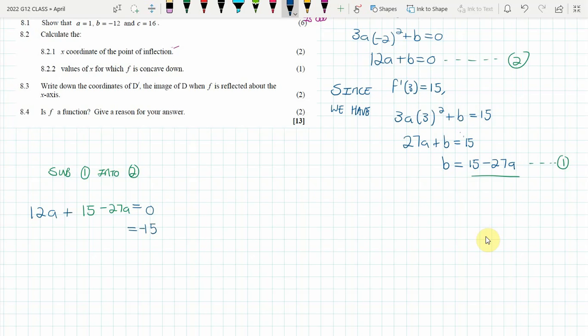Then it's minus. Then what are we left with? Then you simplify it. Yes. We'll be left with negative 15a. Then we can divide both sides by minus 15. Then we have positive 1. So that was the target.